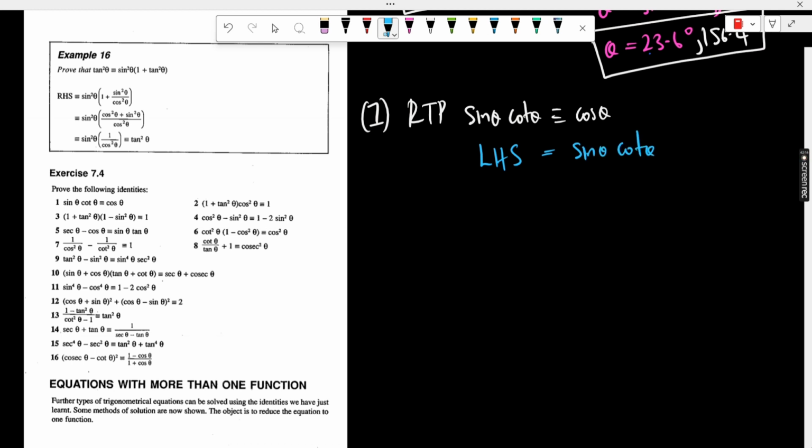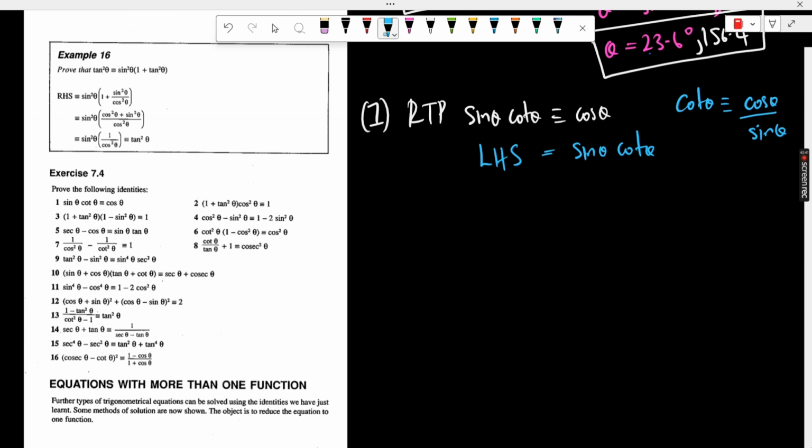Now, sine theta is a simple trig function, but the cot theta part, that is the more complicated part of this side. And if you remember, you must recall that cot theta is actually equivalent to cos theta over sine theta, right? Because cot is 1 over tan, and tan is sine over cos, and therefore cot is cos over sine.